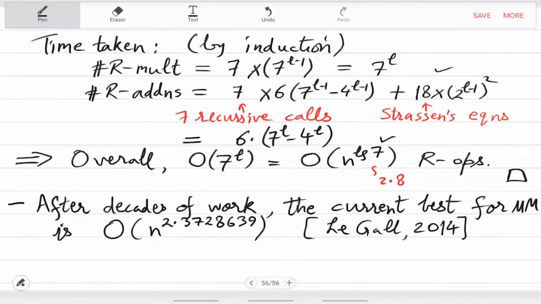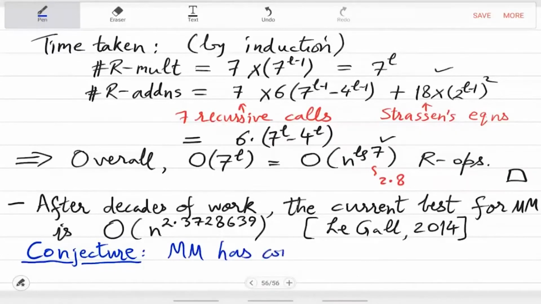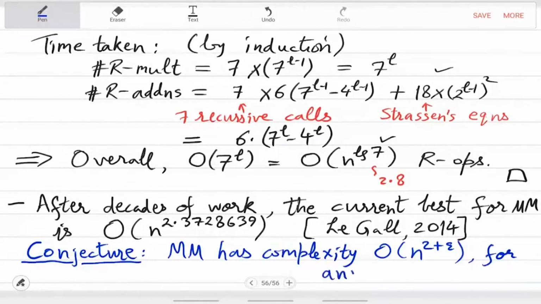Nevertheless, the conjecture since the time of Strassen has been that matrix multiplication has complexity n to the 2 plus epsilon, for any positive epsilon. But there is still a gap in the current understanding. So there is still a gap of 0.37.